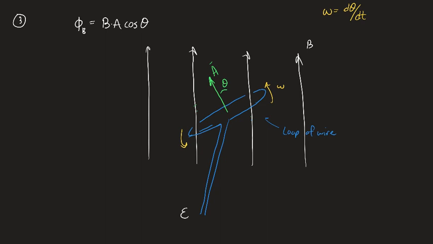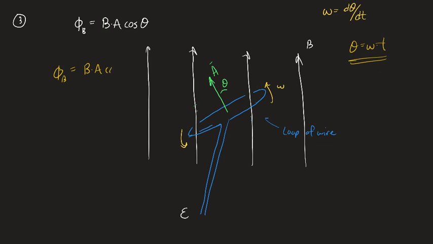Well, what if, and I'm remembering things now, theta equals omega times t is my function for where theta is? I could write my flux as B times A times the cosine of omega t.